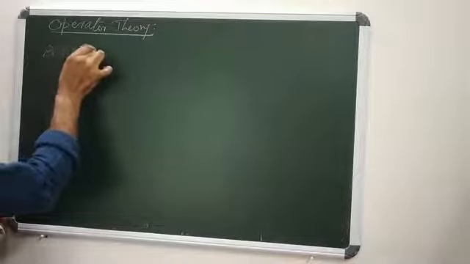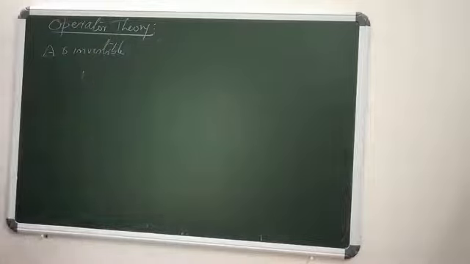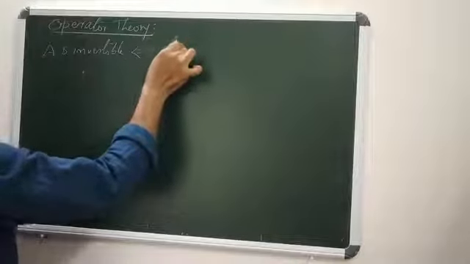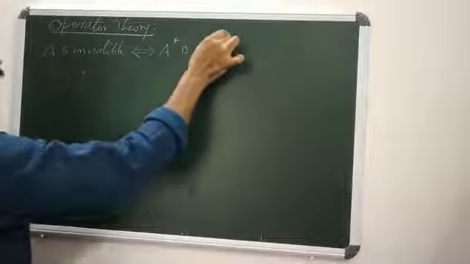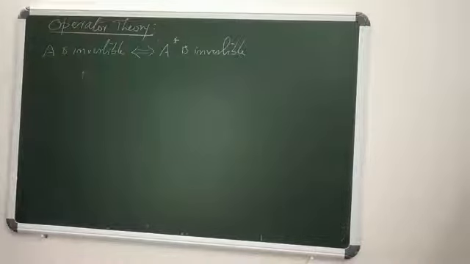A is invertible means simply A inverse exists, and it will also fall in BLH. So A is invertible if and only if A star is invertible.